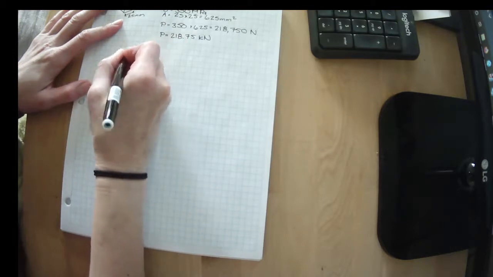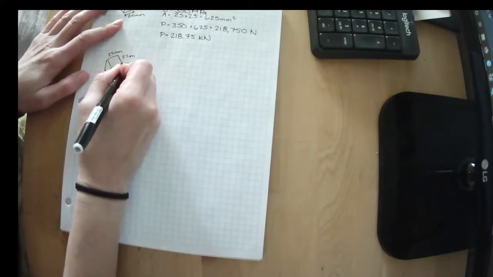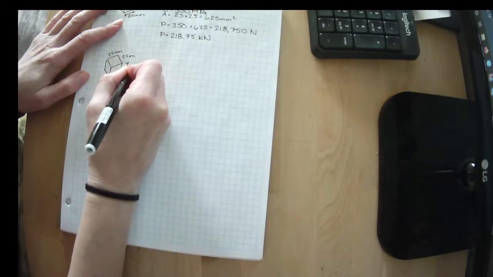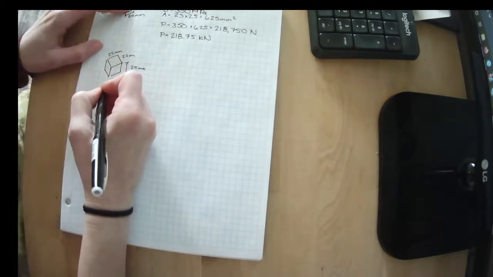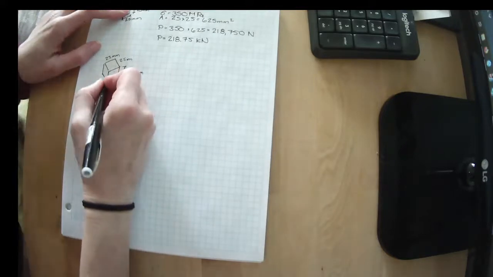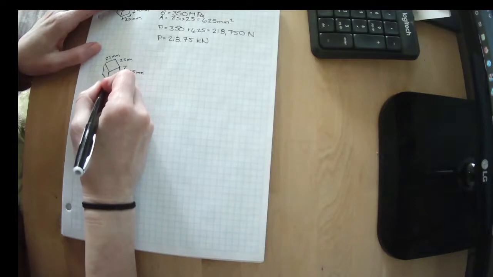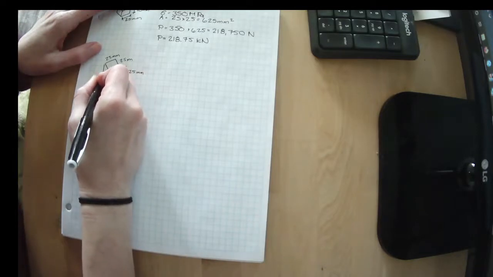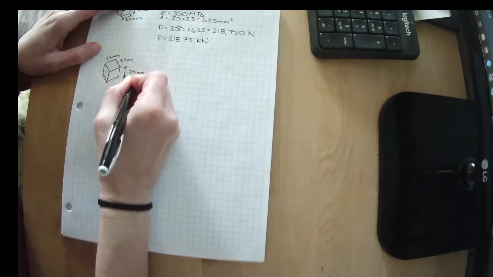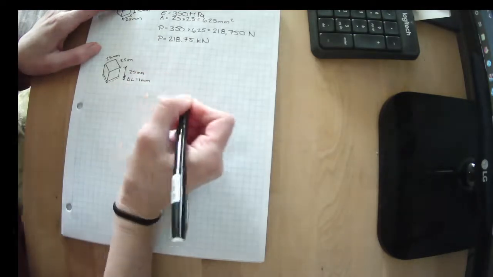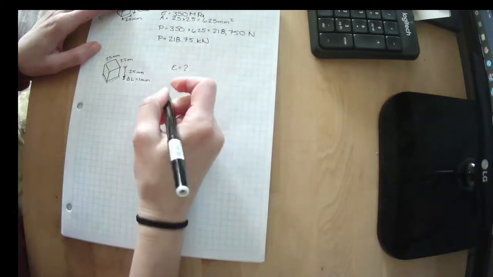This was 25 by 25, and what we care about right now is this height of 25 millimeters. And something's happened, and the change in length, whether it's squashed or stretched, we don't know. We just know that there is a delta L of 1 millimeter, and we want to know what the strain is.